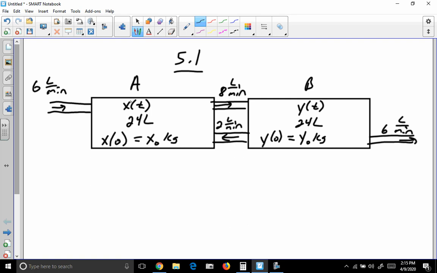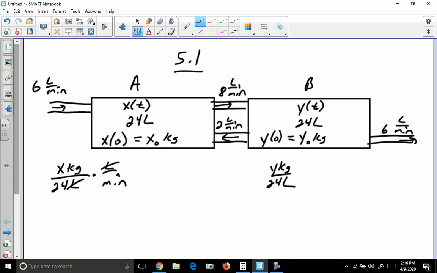So the concentration of the first tank is X kilograms per 24 liters. So X stands for how many kilograms of salt are in there at a given time. The concentration of this one is Y kilograms per 24 liters. If we want to know how the mass is changing, we take the concentration and multiply it times liters per minute.